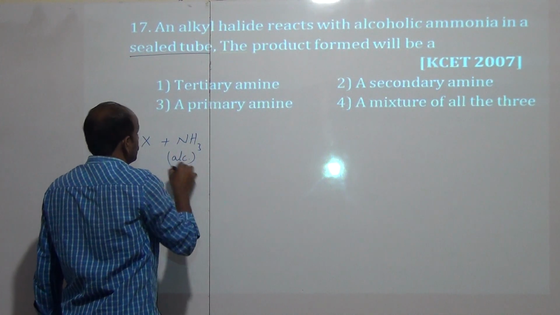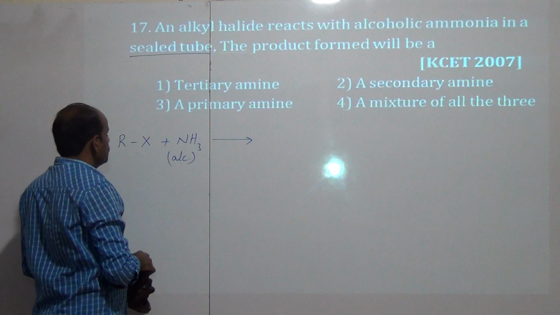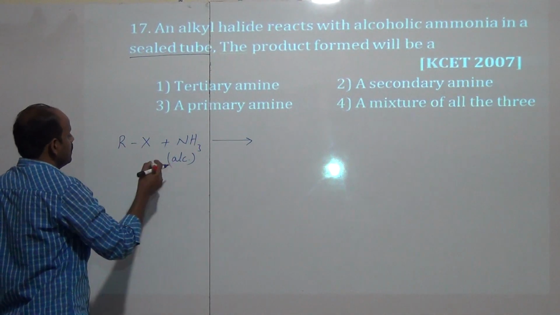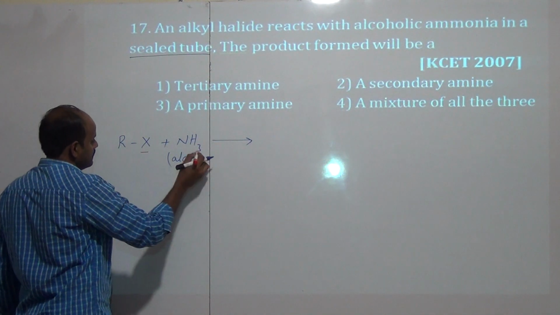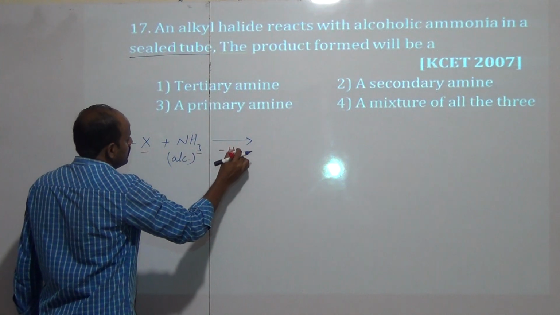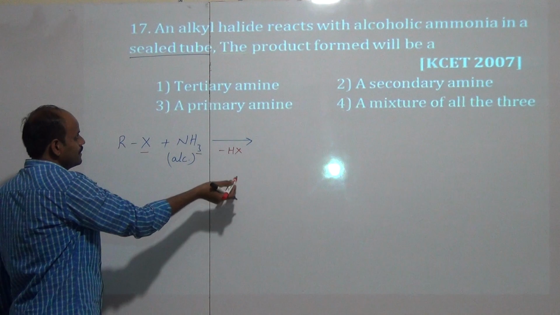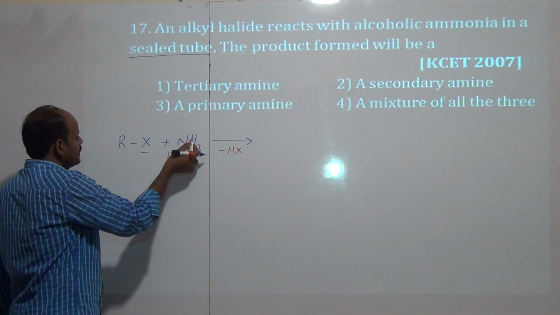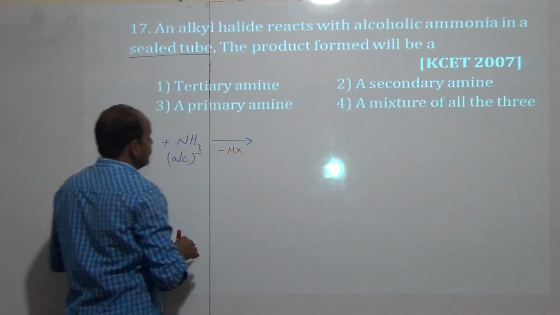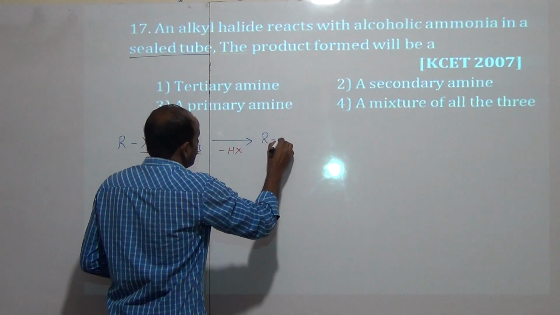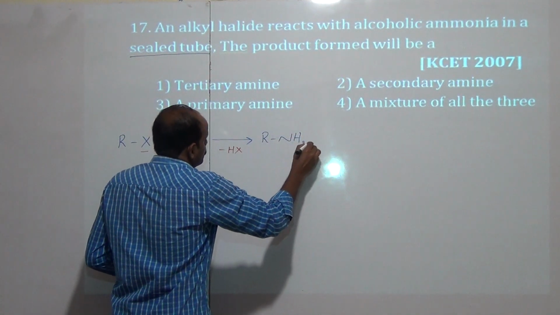Then what happens when alkyl halide reacts with alcoholic ammonia? Here X and here H are removed as HX. Then what is the remaining group? Here one hydrogen removed, then remaining is NH2. NH2 can attack this alkyl group. Thus we get RNH2.